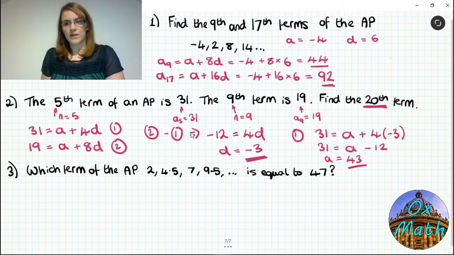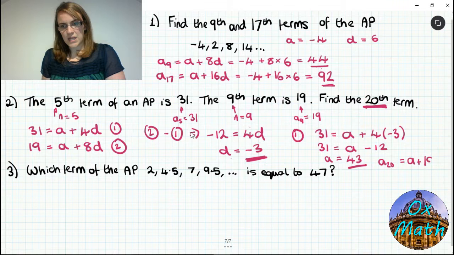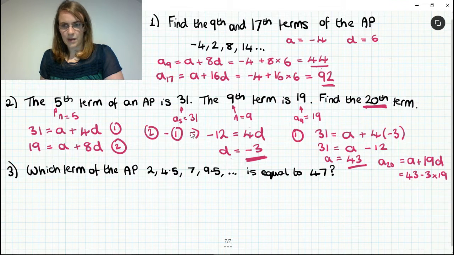We are asked to find our 20th term. So our 20th term is equal to a plus 19d. So a is 43, and then it's going to be minus 3 lots of 19, which is minus 14.